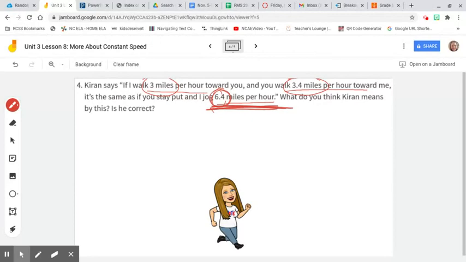And what Kieran is saying is if Kieran decides to go the whole 6.4 miles towards you and you don't move, you are told to stay put, then the picnic has to be at your house because Kieran is going to be coming to you. So that is why the location would have to change. Otherwise, it would have to be somewhere in between the houses on the rail trail.